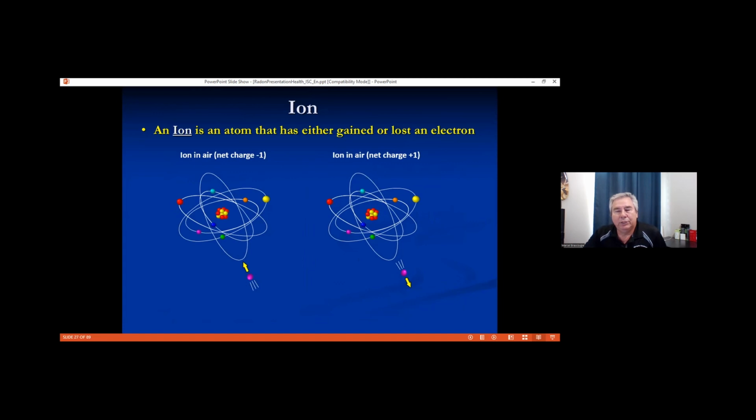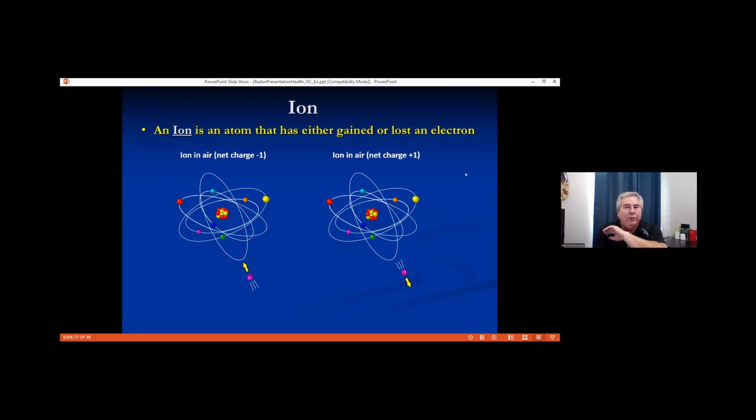So it dislodges an electron. That electron could end up flying into a neighboring atom, and it joins in with the other electrons that are there. So in both cases, an ion is an atom that has either gained or lost an electron.